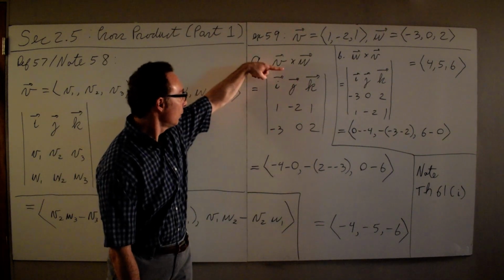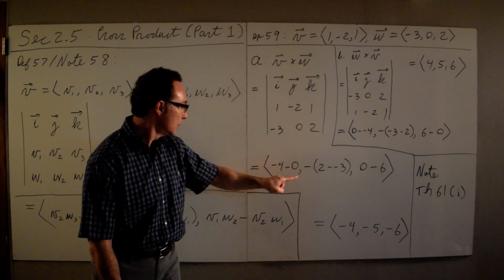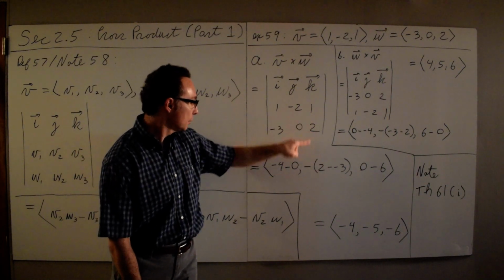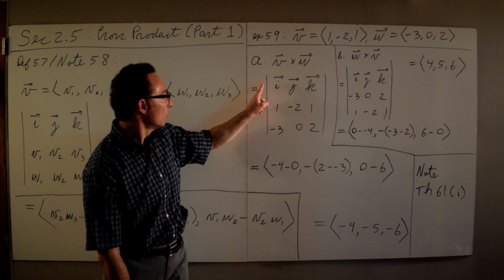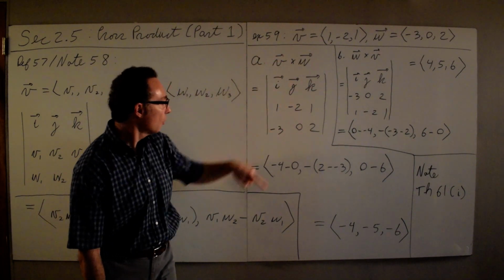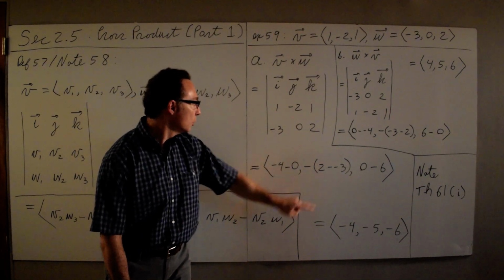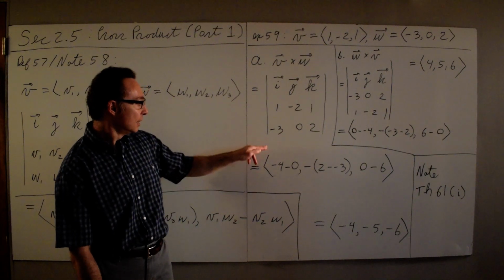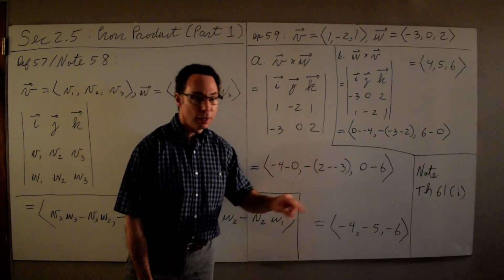Ignore I's row, ignore the column. So we have -2 times 2, which is -4, minus 0. And for J, ignore J's row, ignore the column. We have 1 times 2, which is 2, minus -3 times 1. So we have 2 minus -3.